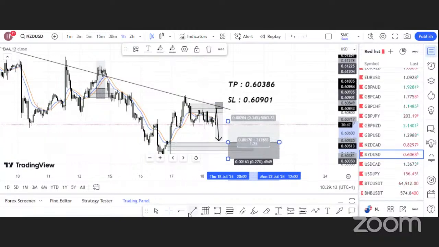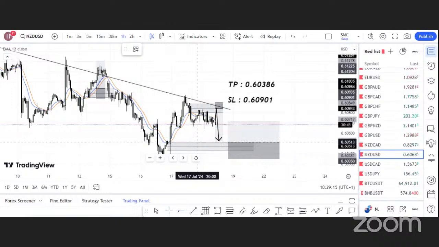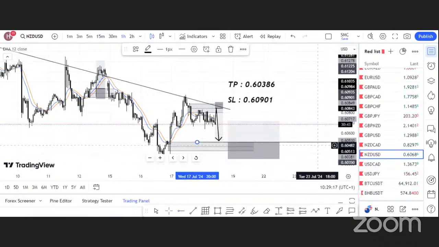I'm just going to copy the price point on this area. The price point is 0.60513.